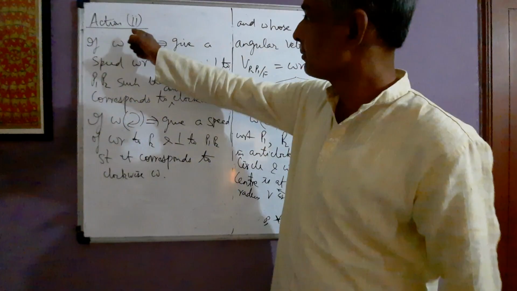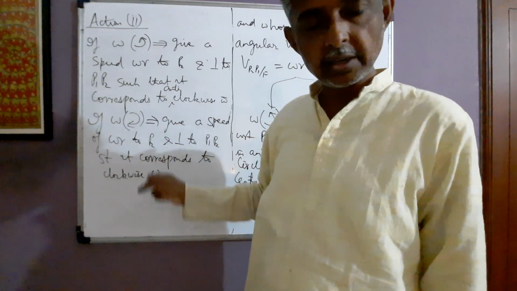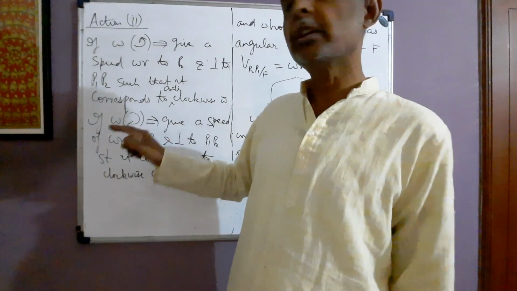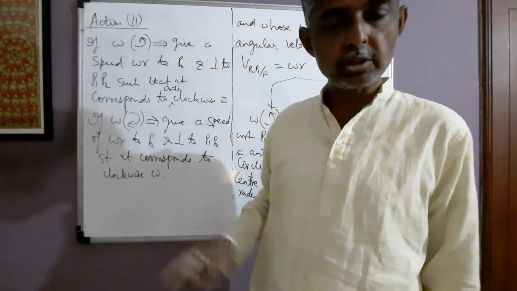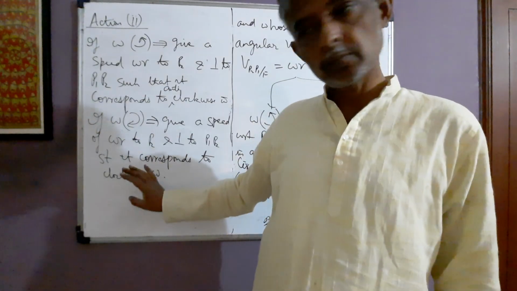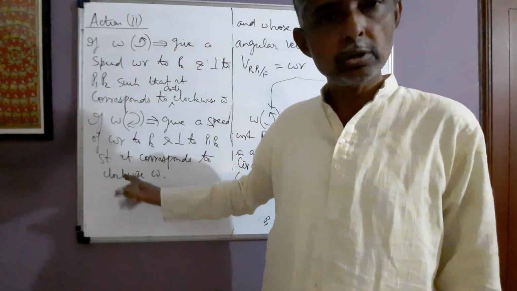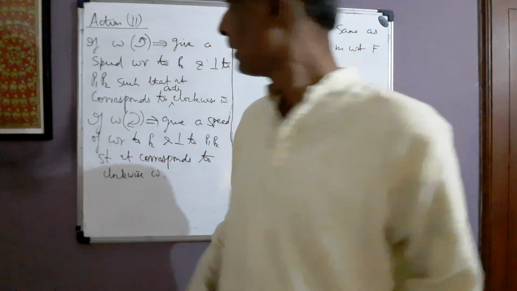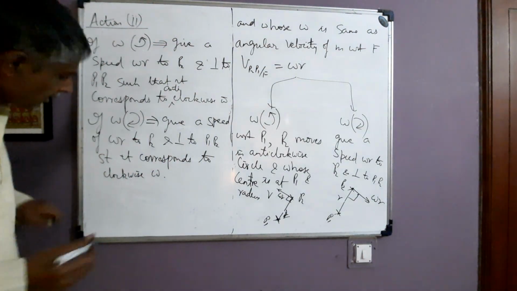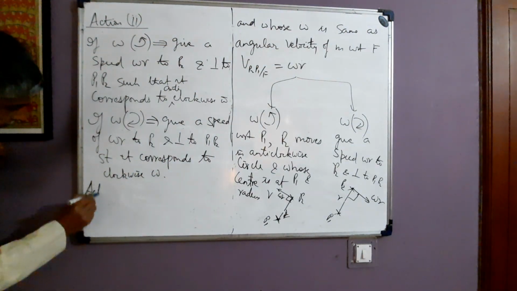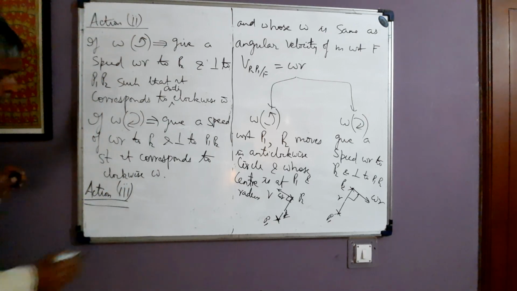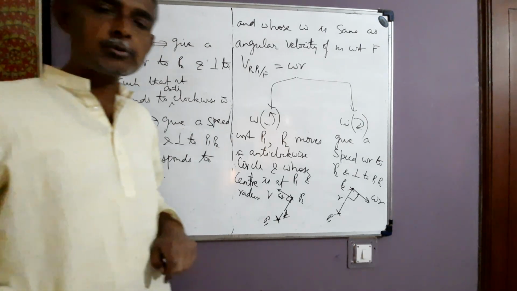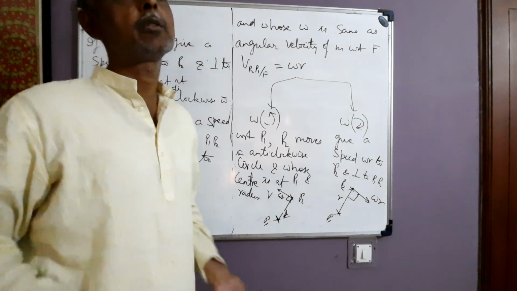So see, in this method, the second action, in this scalar concept method, we don't have to use that IJK or determinant notation to evaluate omega cross r. That is not needed now. Directly we can get it. Okay, the second action is obtained. And what is going to be the third action? The third action is simply, we add the two velocities given to P2 in the first two steps vectorially to get the velocity of P2.